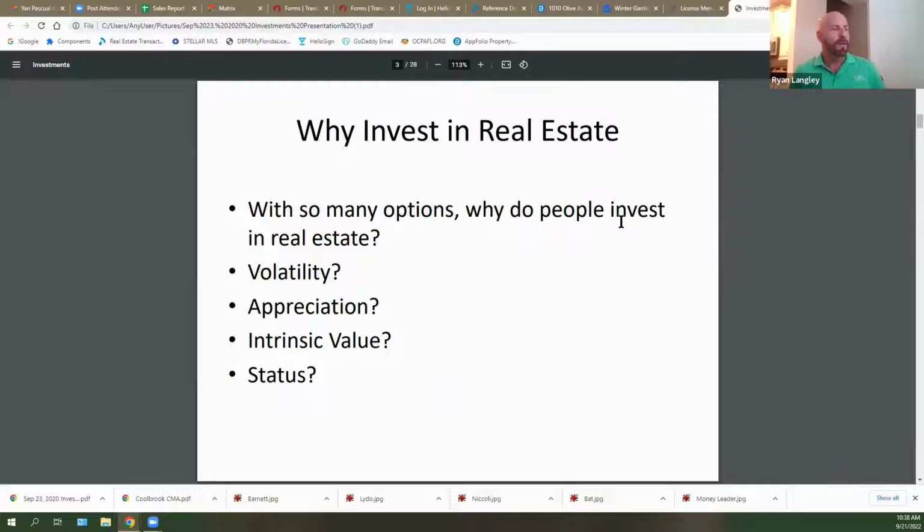Okay, why invest in real estate? With so many options available, why do people invest in real estate? We'll talk about volatility, appreciation, intrinsic value, status. Why do you guys think people invest in real estate?